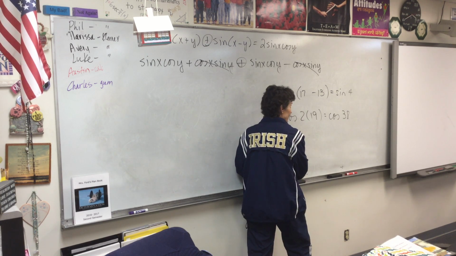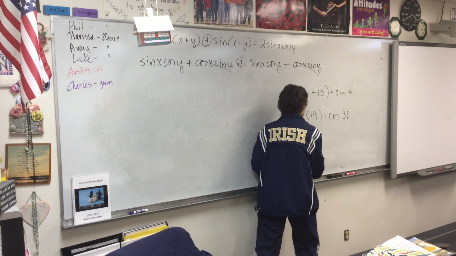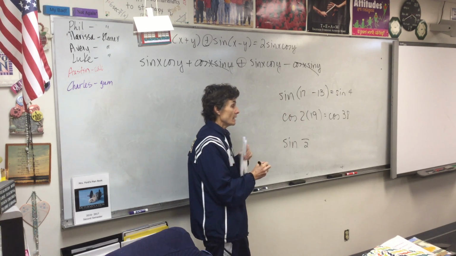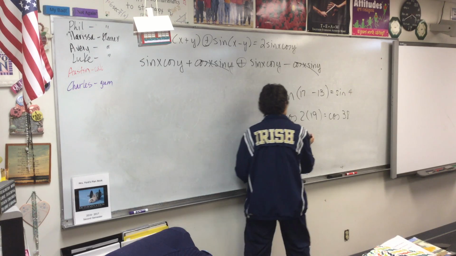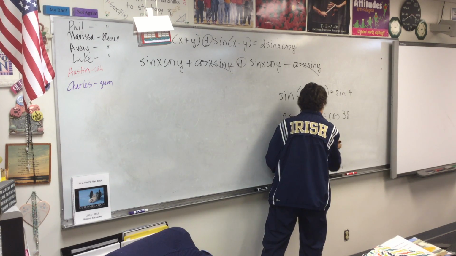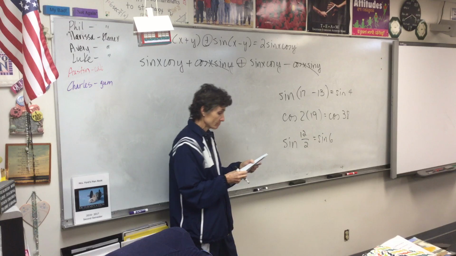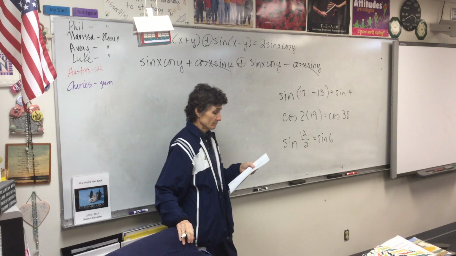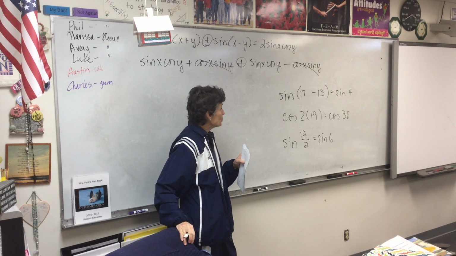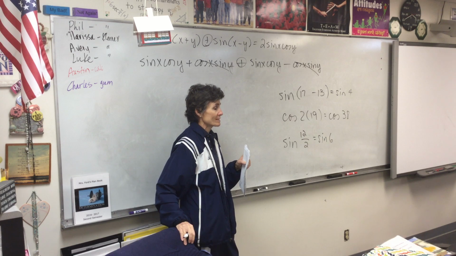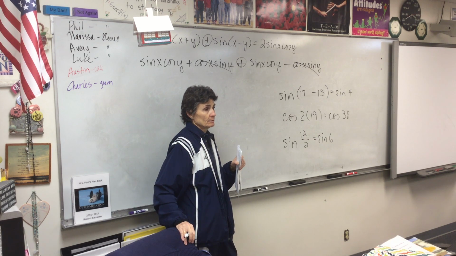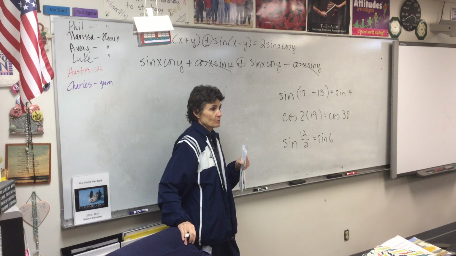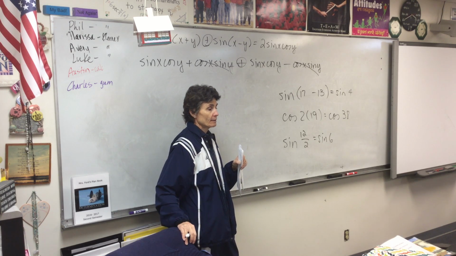All right, let's see. Well, it's a sine formula. It's the sine of the half angle, and the angle is 12, so it's the sine of 6. That's exactly right. 2 sine cosine.